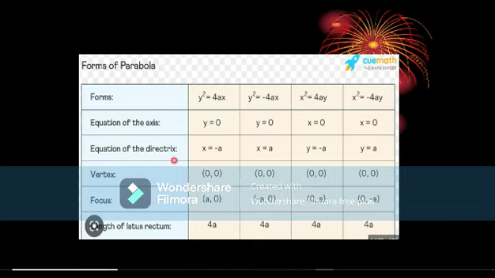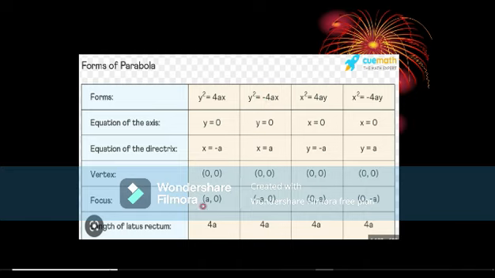The equation of the directrix is x equals negative a. The vertex is (0, 0). Same is true with this one: x equals a. Here, y equals negative a for this one, and then y equals positive a. Then for the vertex, that is (0, 0) all throughout, because this is the equation of the parabola when the vertex is at the origin.